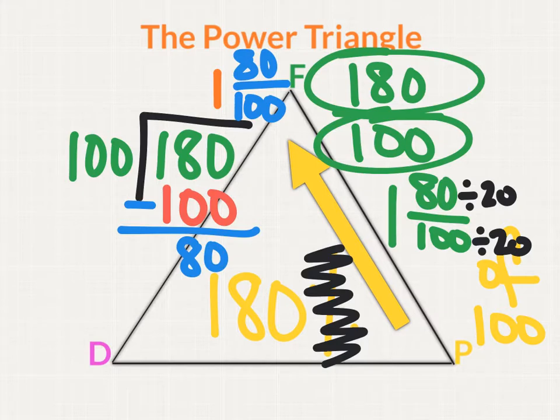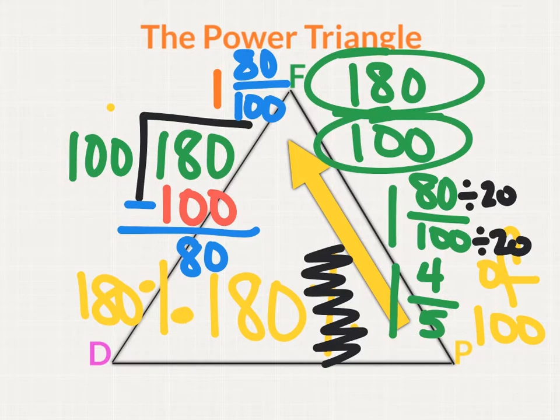So if I divide my numerator and denominator by 20, I will get a simplified mixed number of 1 and 4 over 5. So that we know 180% is equivalent or the same value as the mixed number 1 and 4/5.